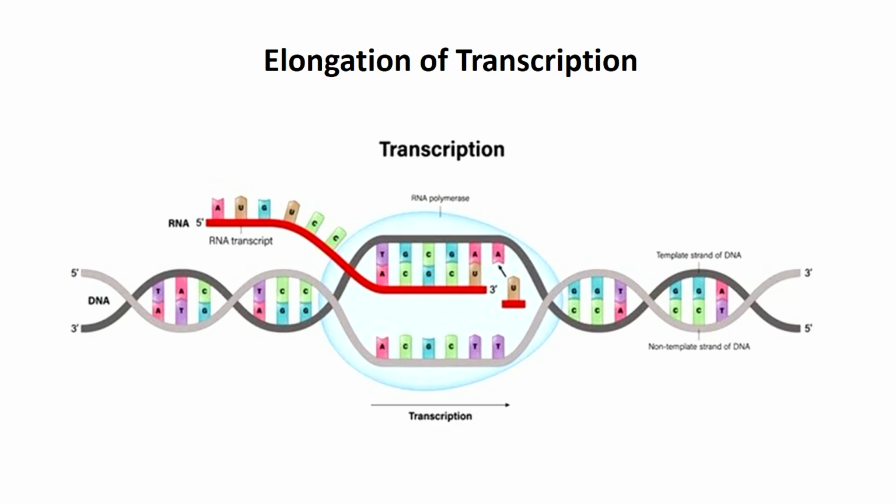If we talk about elongation of transcription, this picture I showed in my previous lecture also, that this is already initiated and new bases are being added so that this chain grows. So, this is called elongation.